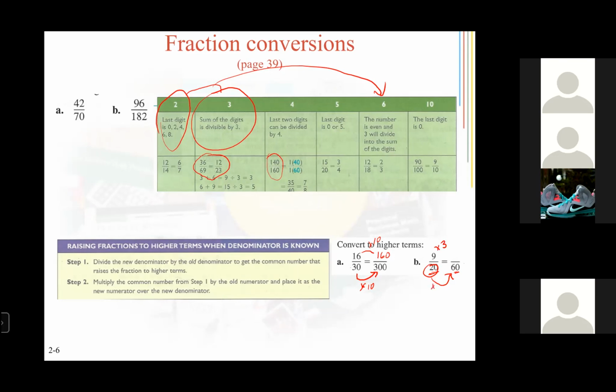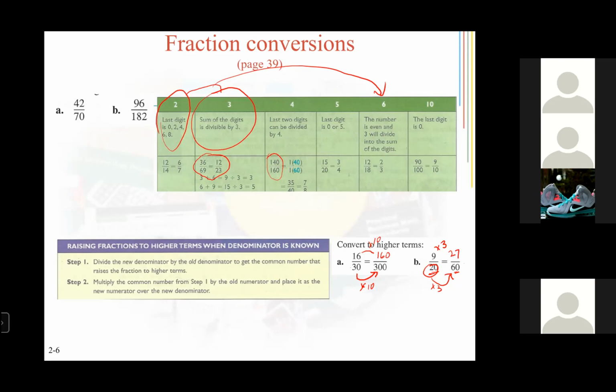So you multiply by 3. You're going to multiply this 9 by 3. So you are going to get, okay, 3 nines are 27. So your numerator is going to be 27. The principle here is you divide the new denominator by the old denominator to find what the common number is that raises the fraction.